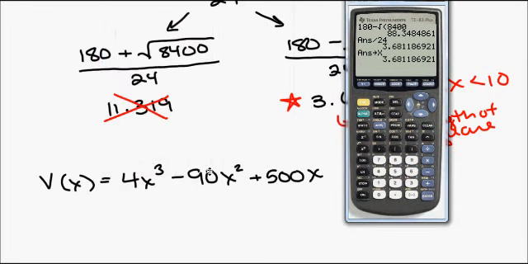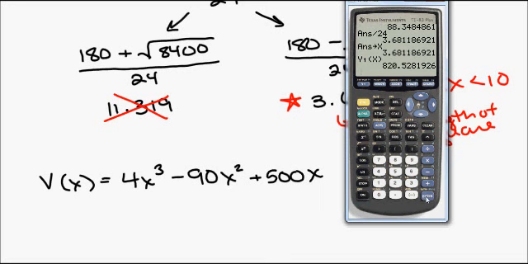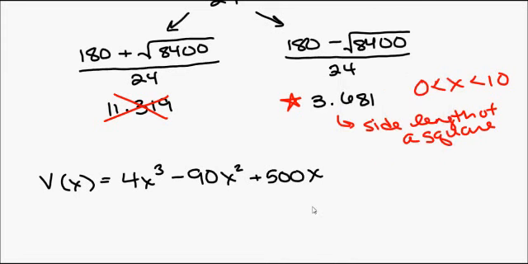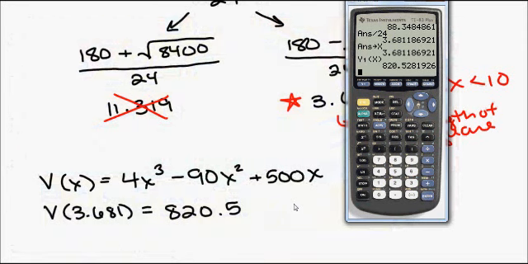And now to evaluate v of x, well, I already have that in my calculator, so I'm going to go to y-vars, so vars, y-vars, function, y1. I want to evaluate y1 of my x. Enter, and I get 820.528. So V of 3.681 equals 820.528.